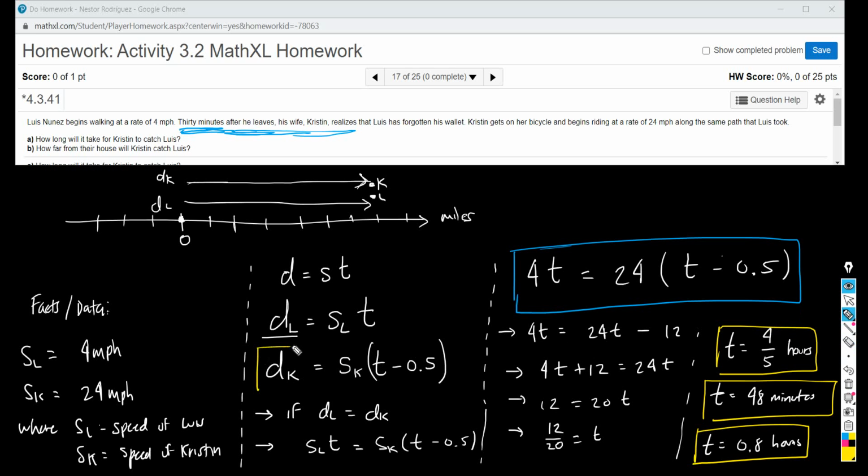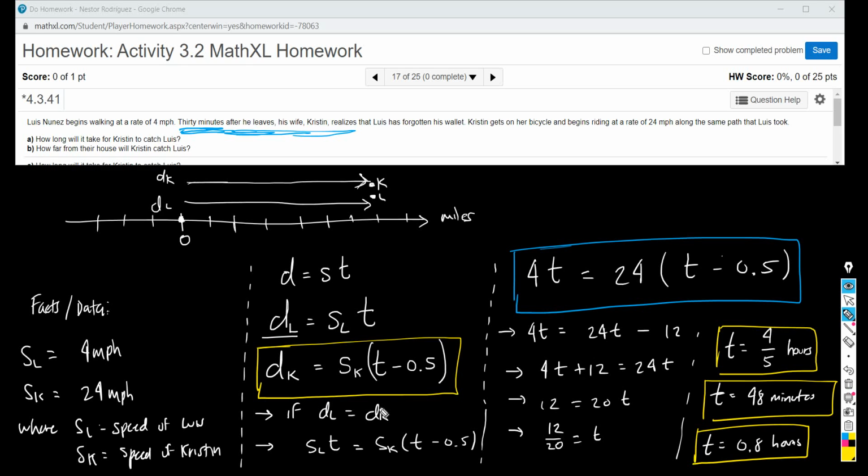This is the equation for Christine, and I have to plug in my solution, 0.8 hours, with her speed. That's going to give me the distance at which Christine has effectively caught Luis. Let me do it quickly with the calculator.